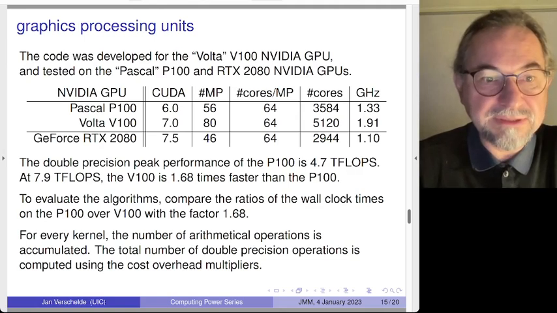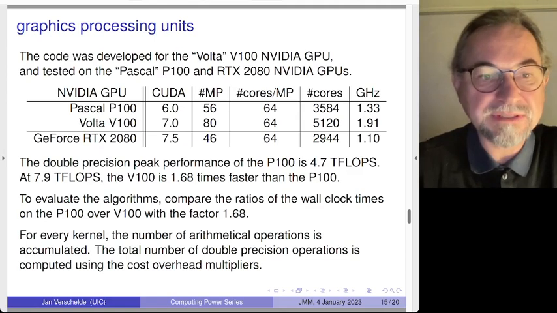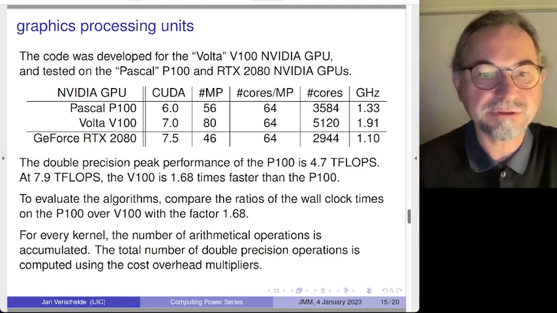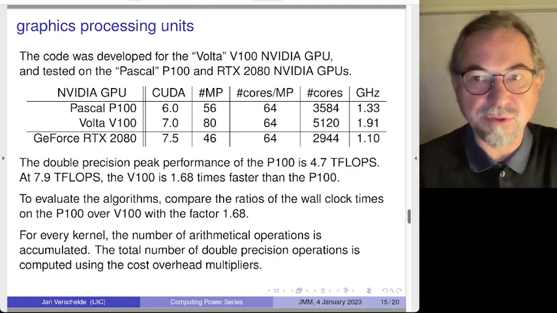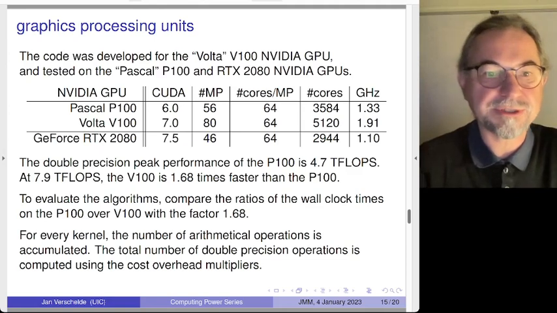So how do we see floating teraflops performance? Well, we accumulate the number of arithmetical operations in helper functions, and this gets then compared with the timers.